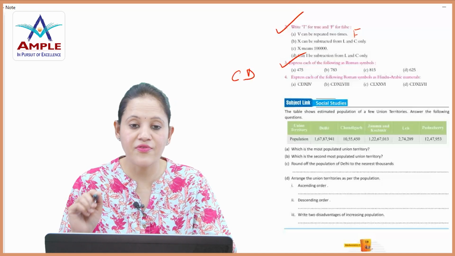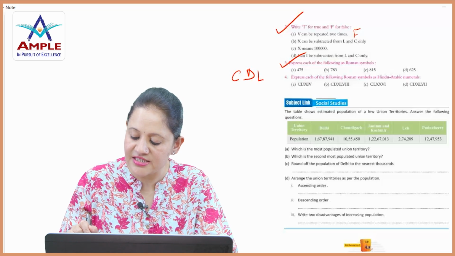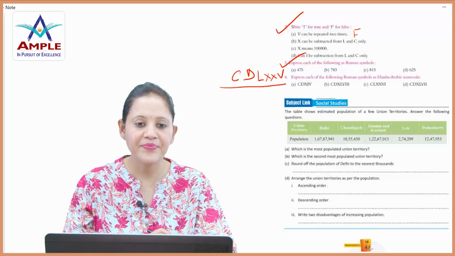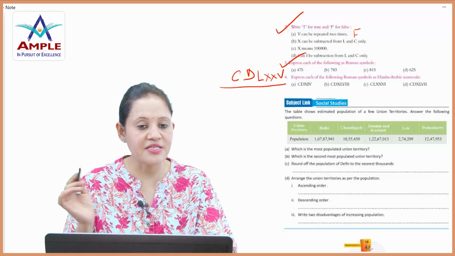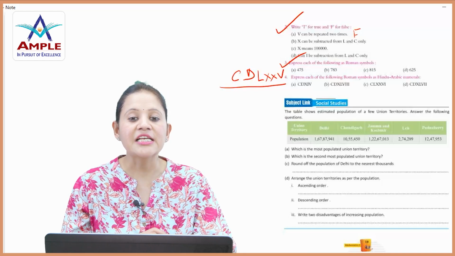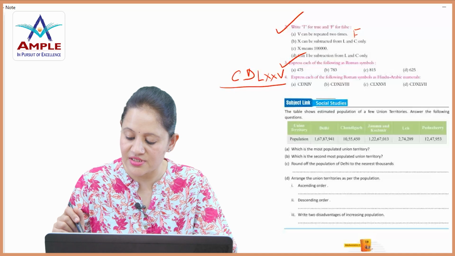Now, 75. L is for 50, LX 60, LXX 70 and this is 5. This is how we will write the number. Clear? 400 plus 70 plus 5, we can break the number and we can write. Next, express each of the following Roman symbols as Hindu numerals.